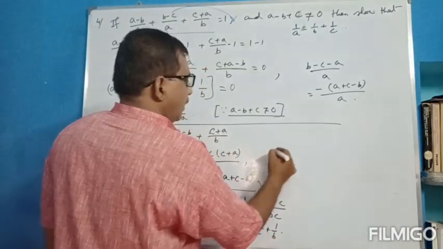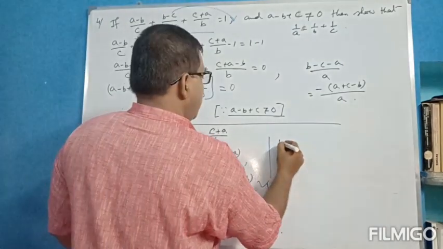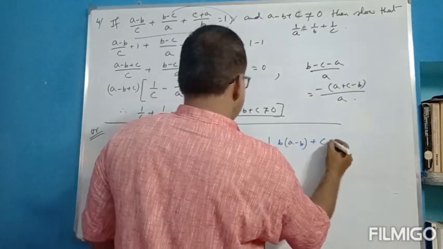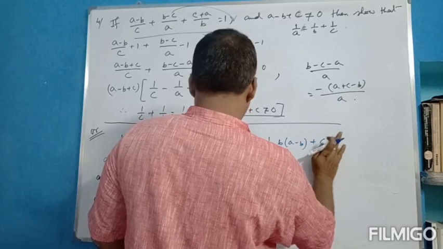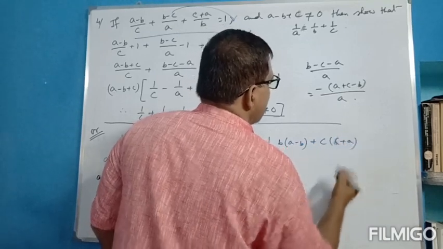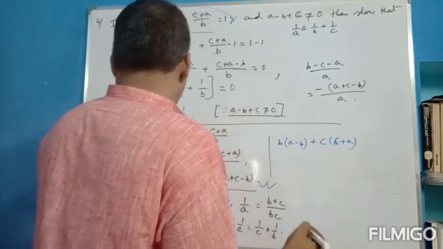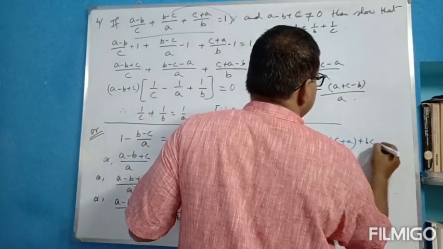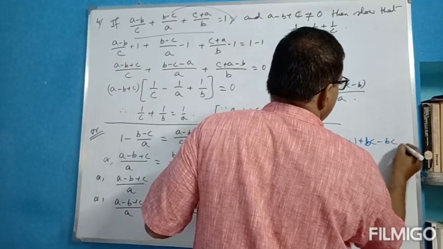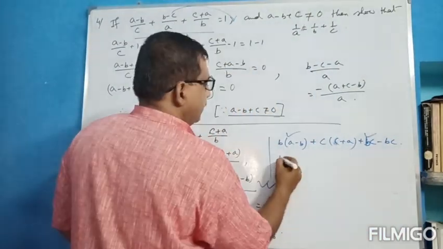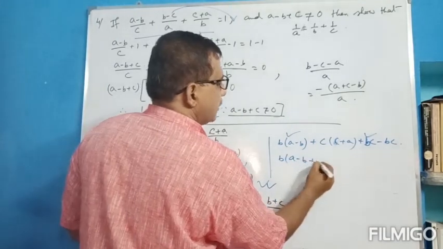Just b into (a minus b) is present, plus c into (c plus a) is also present. If we add plus bc and subtract bc, then from these two terms we take b common, and we get a minus b plus c.